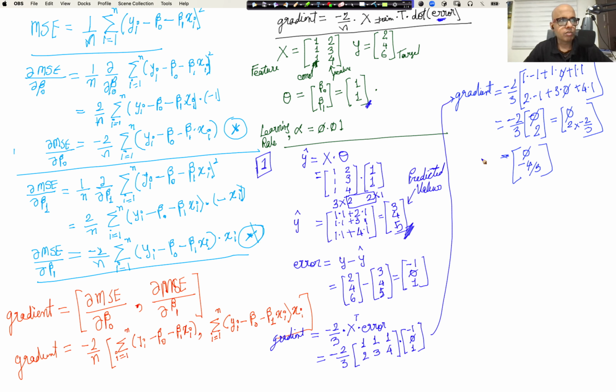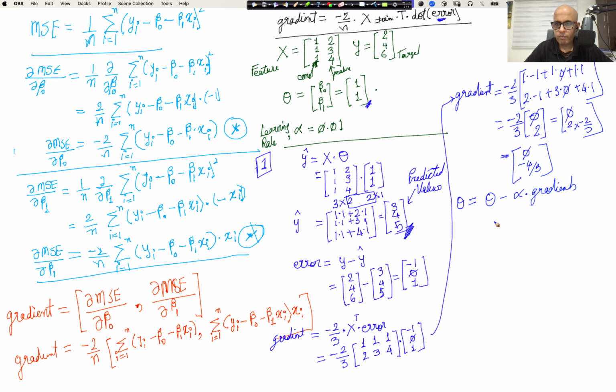So those are the gradients that we have calculated, and now we can use these gradients to update our value of theta. To do that, we would write theta is equal to theta minus alpha into gradients.